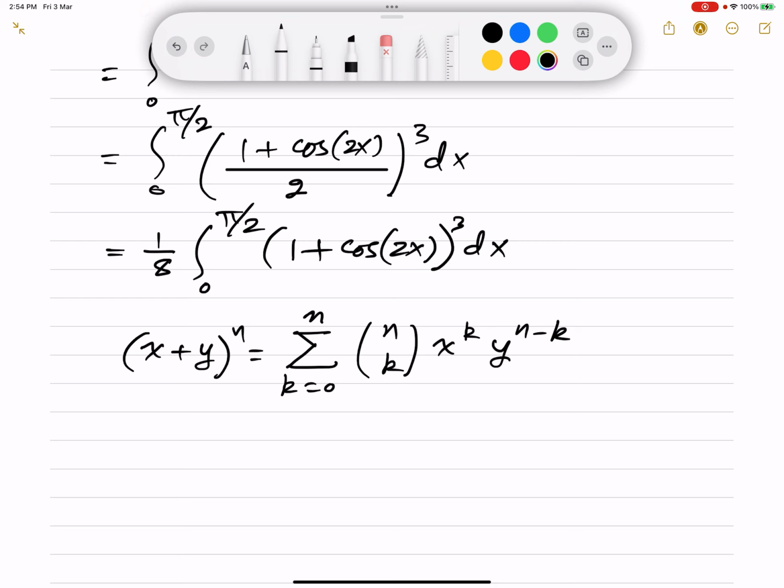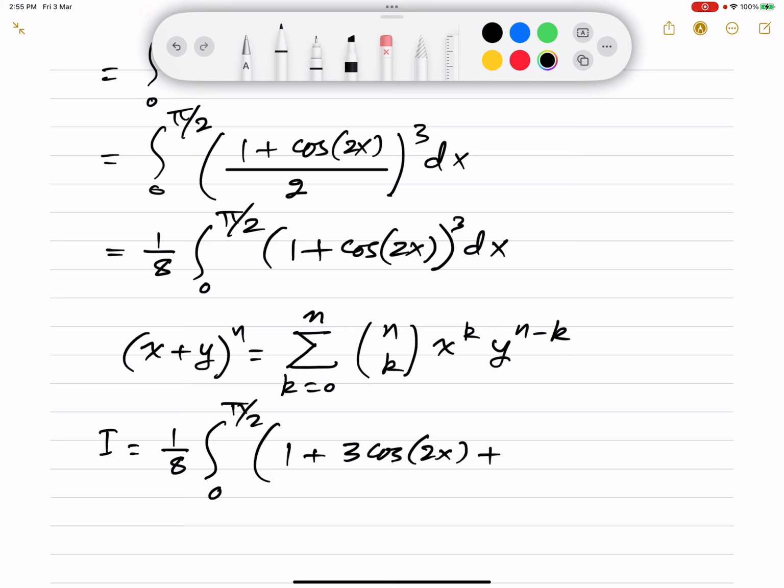So our integral would become 1/8 the integral from 0 to pi by 2 of the first term cubed, that is 1, plus 3 choose 1, which is basically 3, and then we take the square of the first term, which is 1 squared, multiplied by cosine twice the angle.